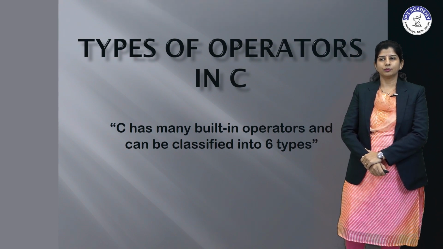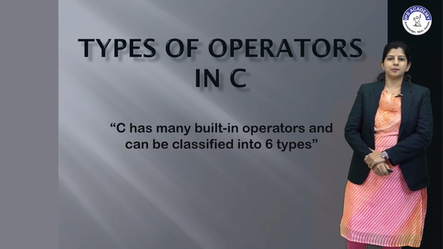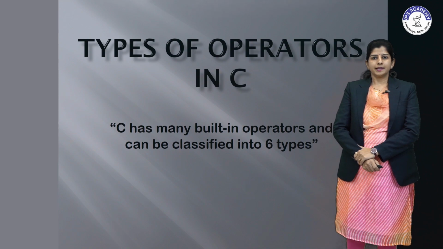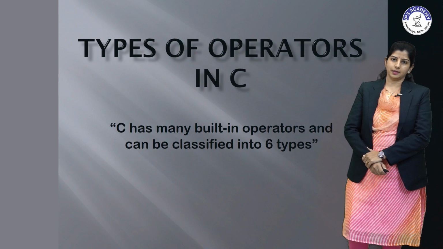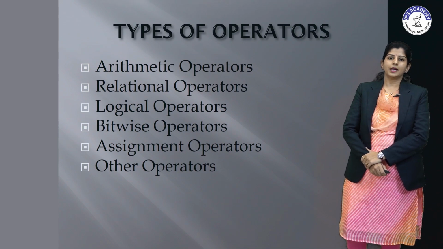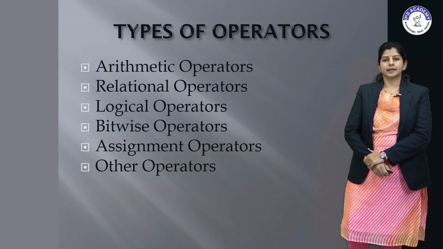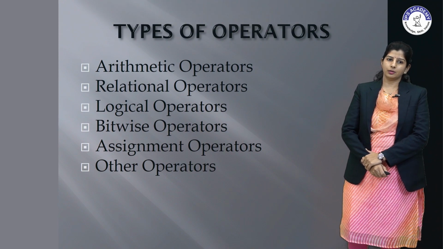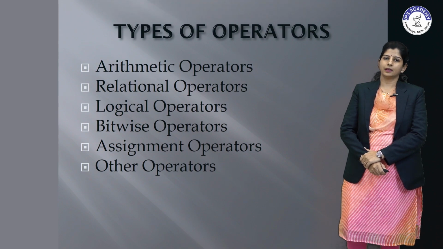Later we will discuss what operands are in C. Types of operators in C: C has many built-in operators and they can be classified into 6 types, which we can use in different programs: arithmetic operator, relational operator, logical operator, bitwise operator, assignment operator, and other operators.